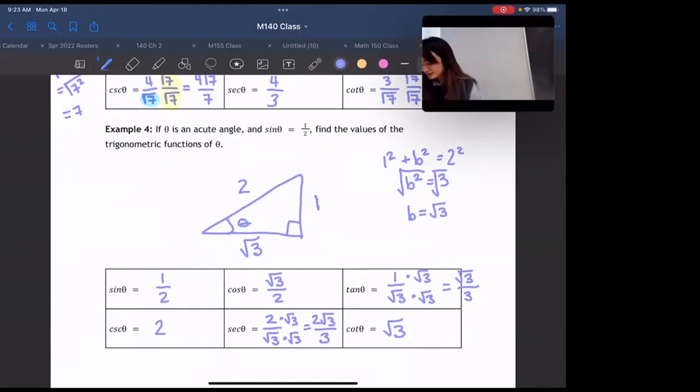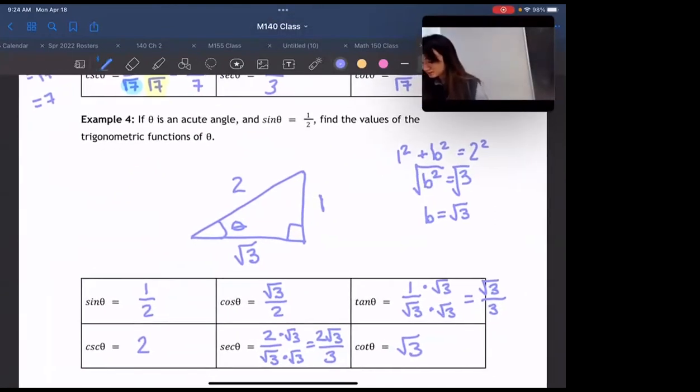All right, let's come back together here. So Taylor wrote up some really good answers here. Do you want to take us through what you did? So I just drew up the right triangle and labeled the opposite side and the hypotenuse. And then used the Pythagorean theorem to find the adjacent side, which was square root of 3.